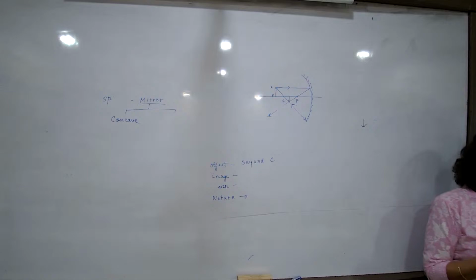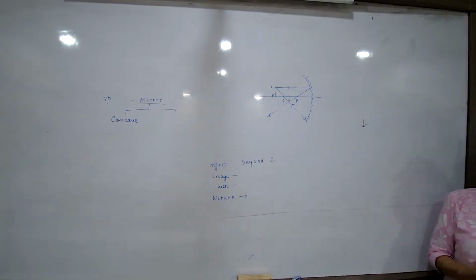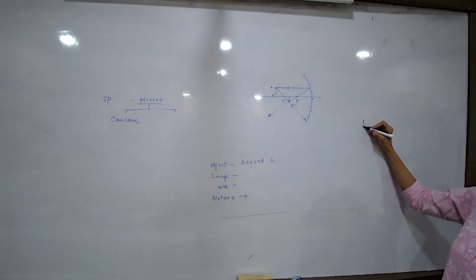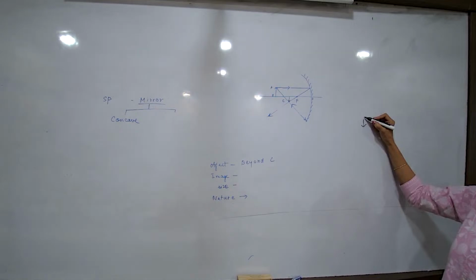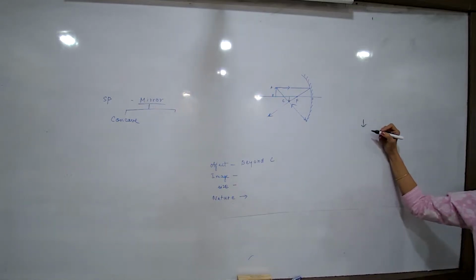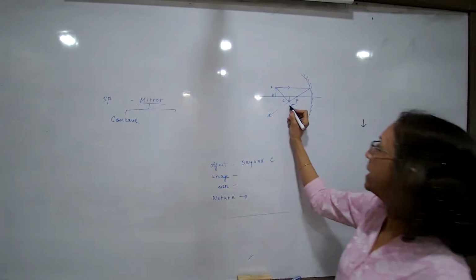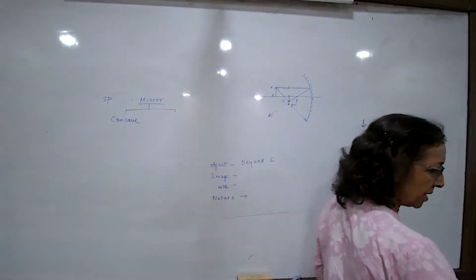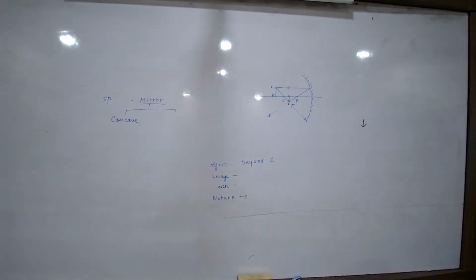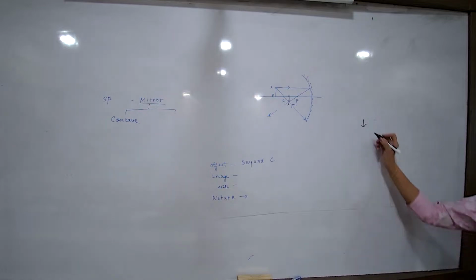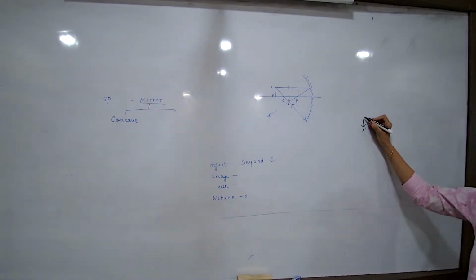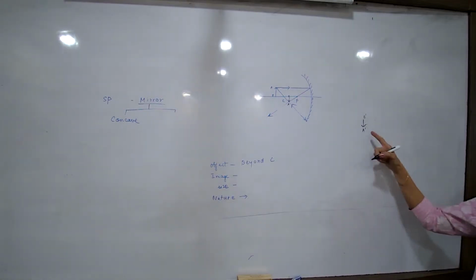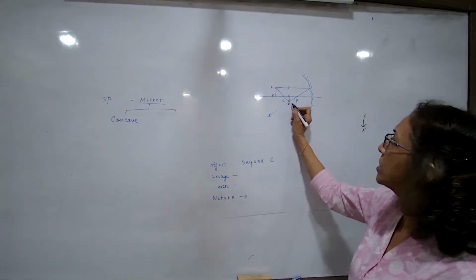Now how will you label this inverted image? Can I say it as A, B or BA? So this will be A and this will be B. Okay, we usually put it as A dash, B dash. See, they have given us dash. So we write it as A dash, B dash. The dash basically tells us that it is the image.